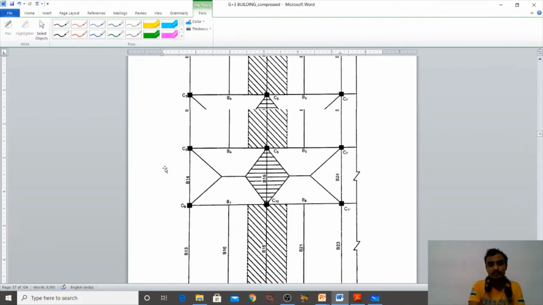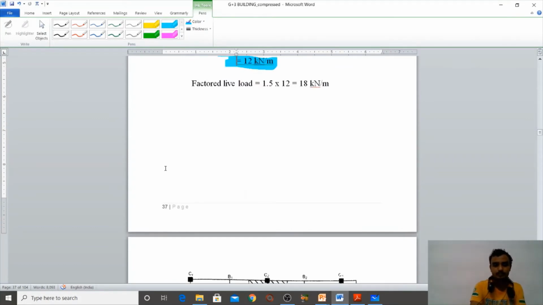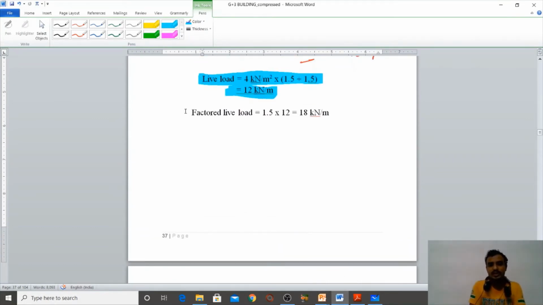Then the factored live load is 1.5 into 12, equal to 18 kilonewton per meter.